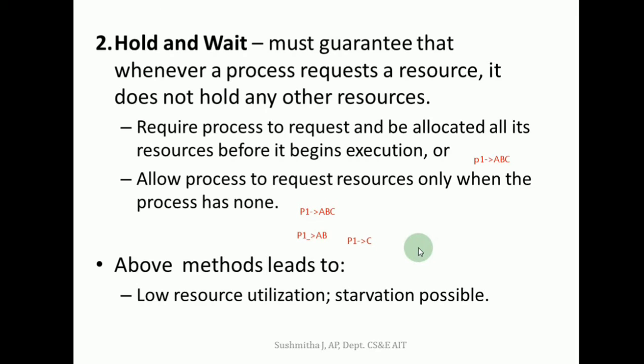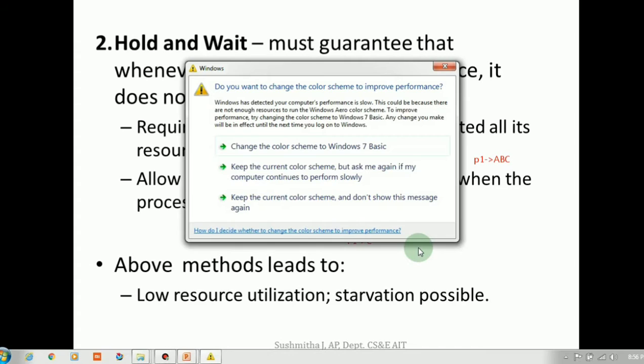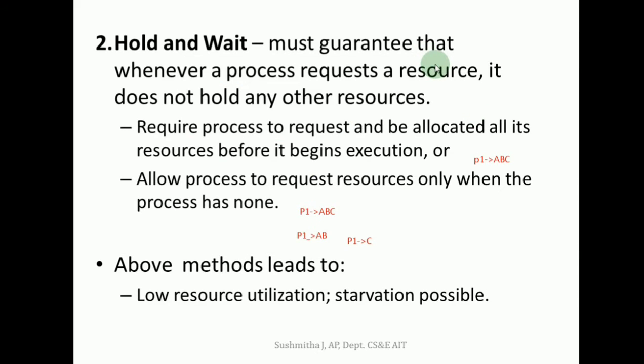The deadlock condition was that a process holds one resource and requests another. To avoid that, the protocol says either the process has to request all the resources at the start, or if a process makes a new request, it has to release the resources it was holding, and only then can it make a new request.